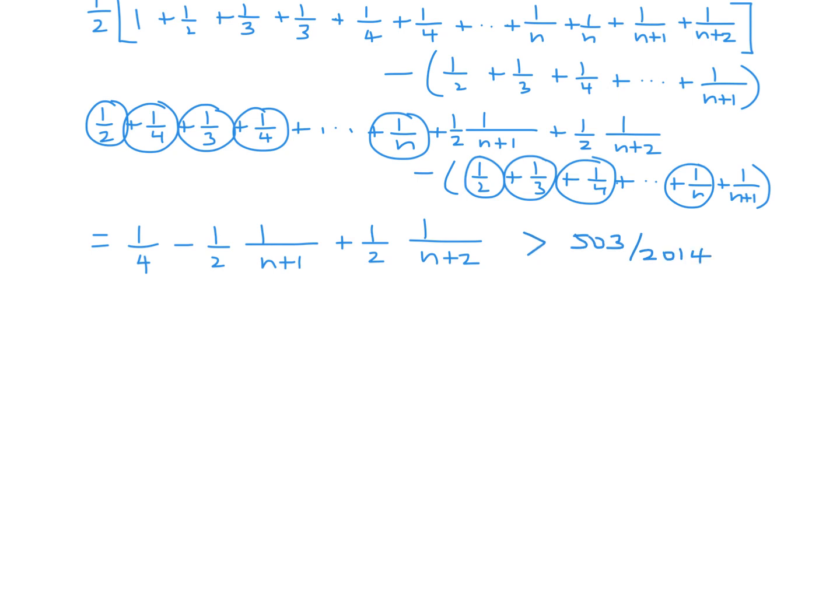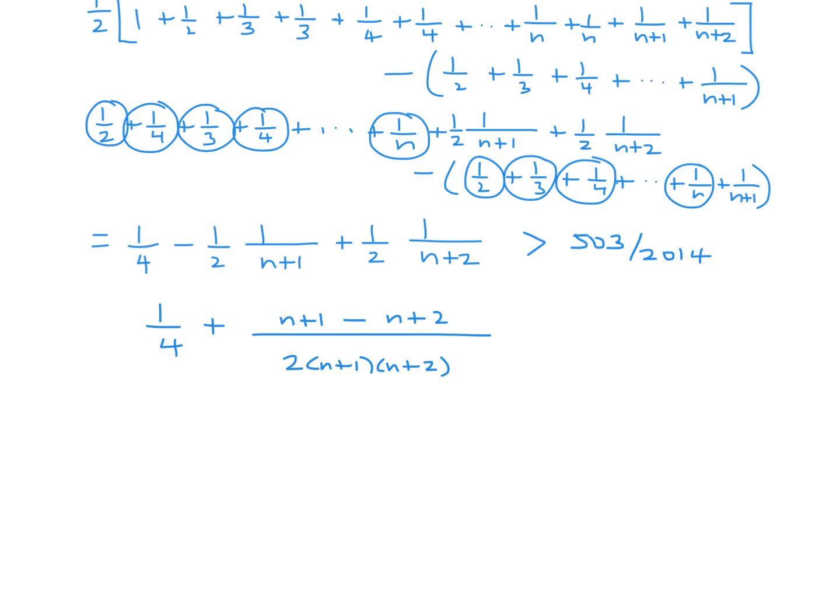Okay, so now let's work with this guy here. I think this should be without too much difficulty. 1 over a quarter, and then it's going to be, let's see here, the common denominator is going to be 2 times n plus 1 times n plus 2. And then this is going to be n plus 1 minus n plus 2.